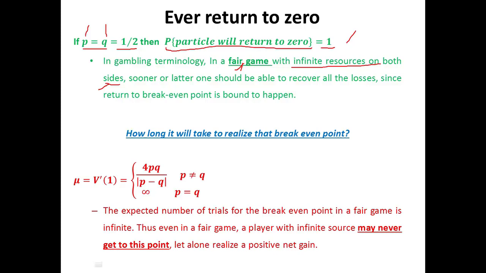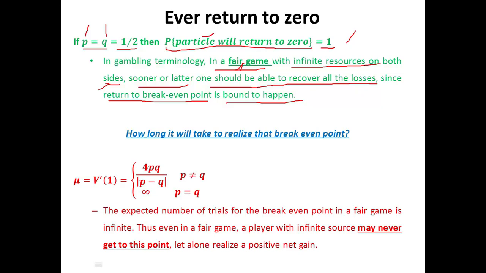So with this logic we can say that in a fair game, sooner or later one should be able to recover all the losses, since the return to the break-even point is bound to happen.